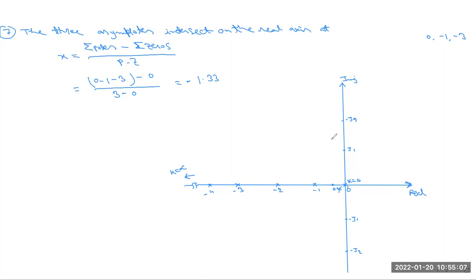So we previously calculated the break-away point, that is s equals minus 1. Sorry for that, today's class. It is very disturbing because of a network issue from my end. That is the college premises. So again the class is cutting out.